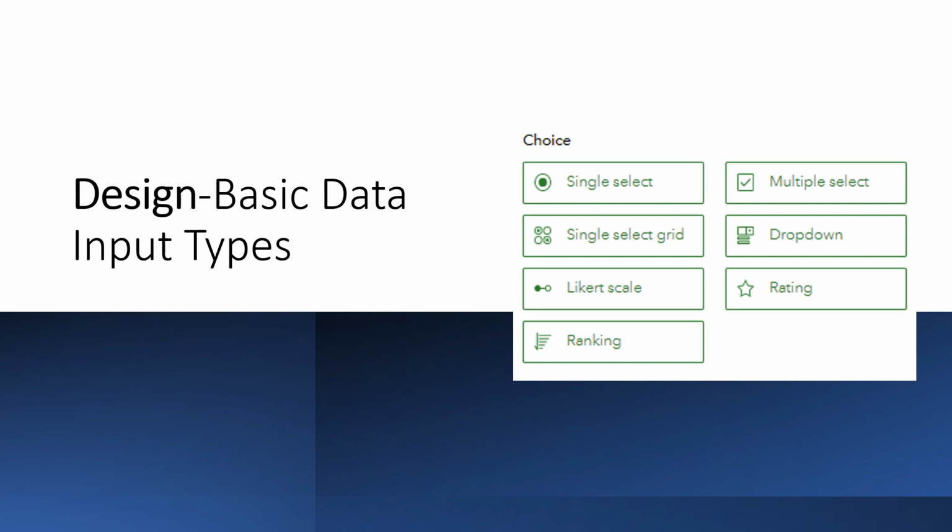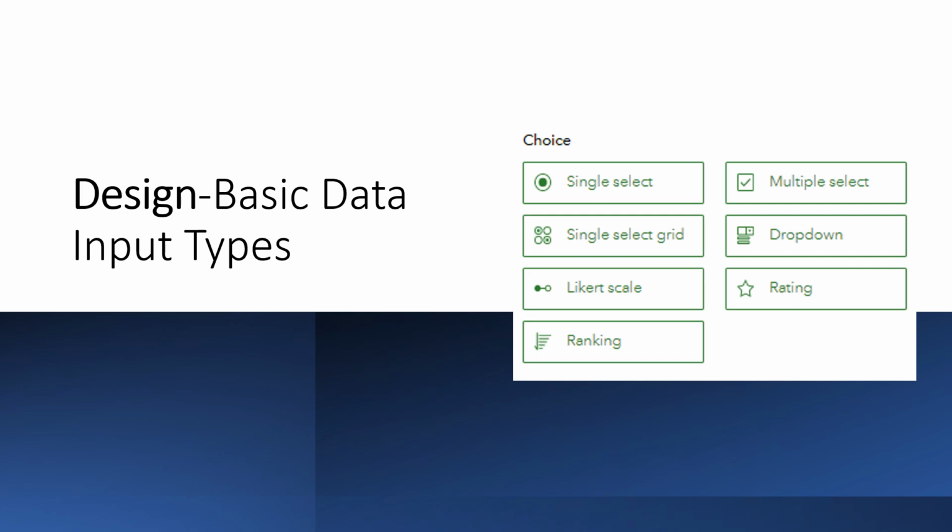So now is the choice section. These are all of the different input types where you're going to be authoring the options for them to select. And there's a lot of different ways they can select options. So based off of the data you need to collect for your lesson, you'll want to pick the right choice type.